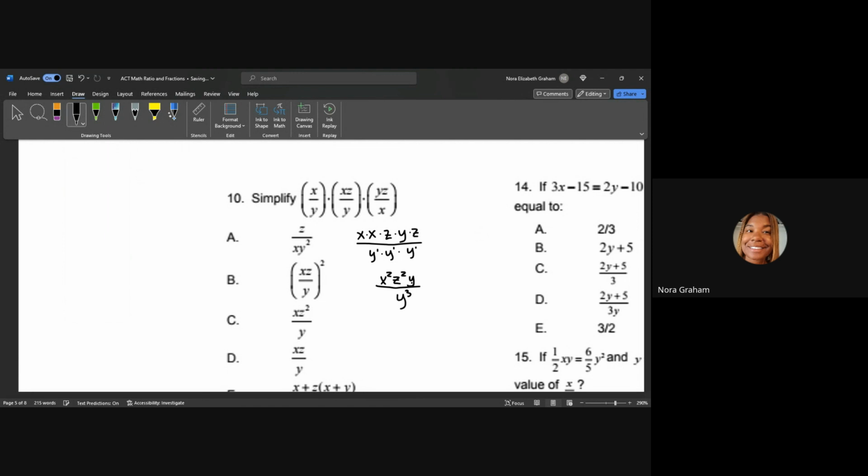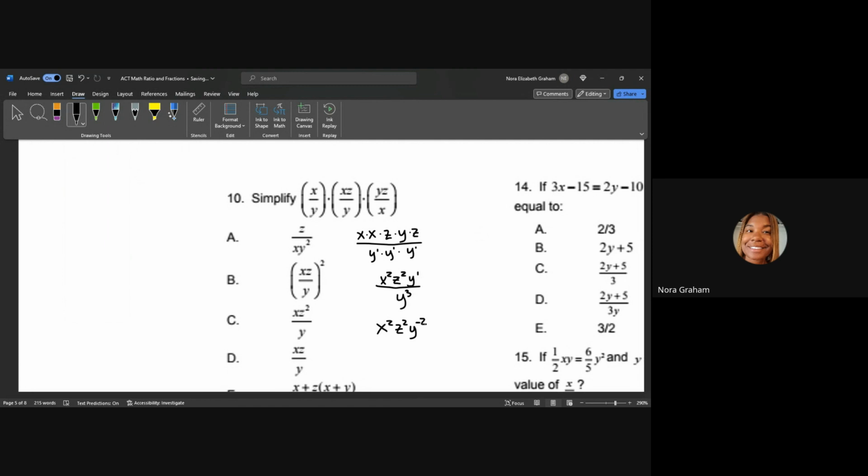And remember, when I divide two like bases, I subtract their exponents. So then I'll get x squared, z squared, and then for y, 1 minus 3 is going to give me -2.